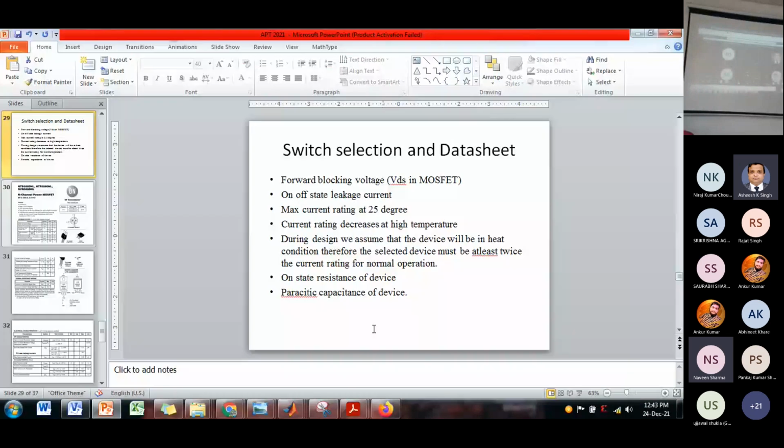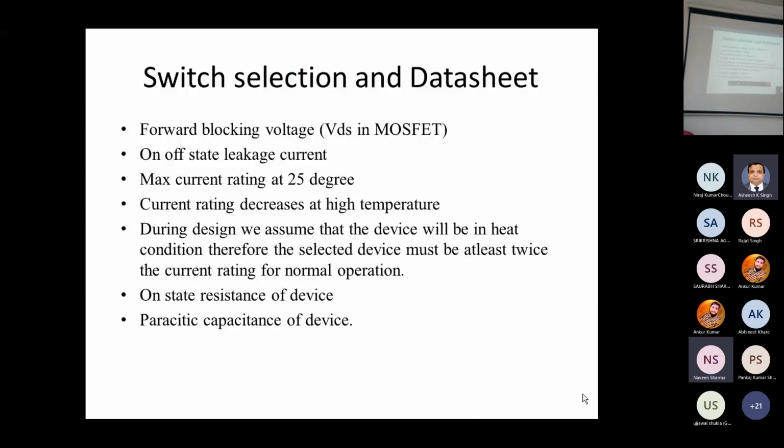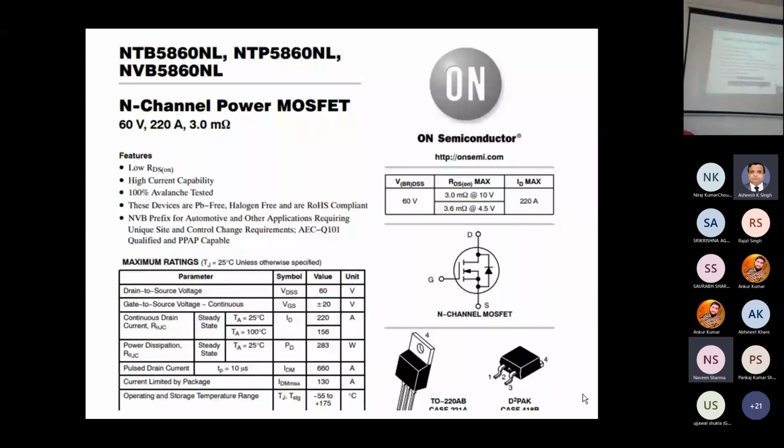Okay, so parasitic capacitance of the device and on state resistance of the device, all these parameters are necessary to observe before selection of the switch. So here we can see the data sheet of a MOSFET. Here we see the low RDS on, which we need whenever we require efficient control and high efficiency converter design.